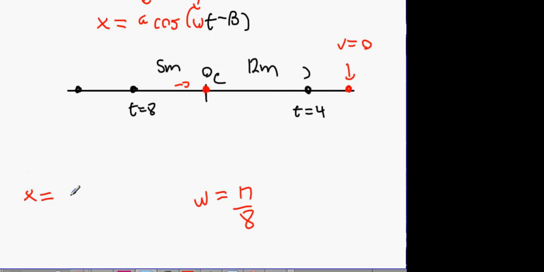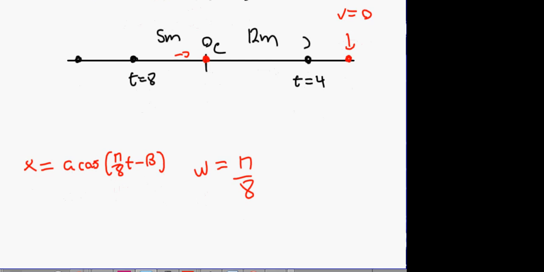Okay, and now we've got to start putting in some values. Let's put in the first value, 12. The displacement from center equals a cos(pi over 8 t minus b). How many variables do I have in this equation? 2, don't I?